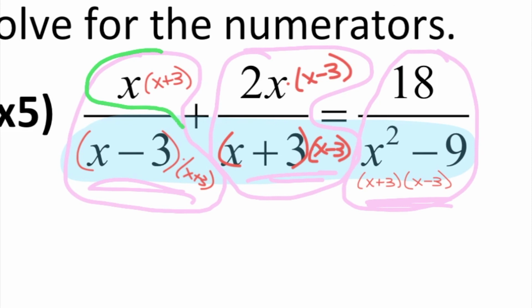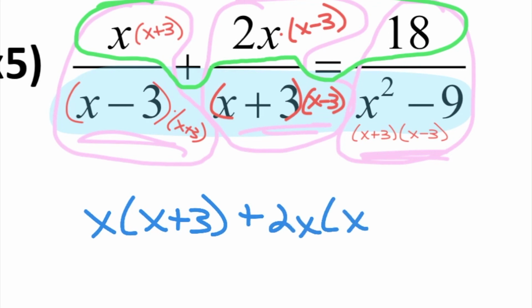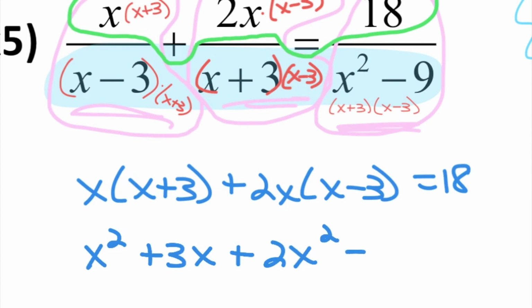So I'm going to solve the equation x times x plus 3 plus 2x times x minus 3 equals 18. I'm going to take that equation and solve it as is. X times x plus 3 plus 2x times x minus 3 equals 18. Distribute your x and your 2x, so I get x squared plus 3x plus 2x squared minus 6x equals 18.